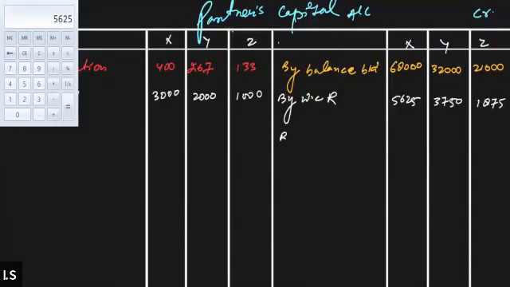Yes, sir. So we will be writing IFR, investment fluctuation reserve, and when we distribute 6,000 among the partners, we will get 3,000, 2,000 and 1,000 respectively. Is this clear? Yes, sir.